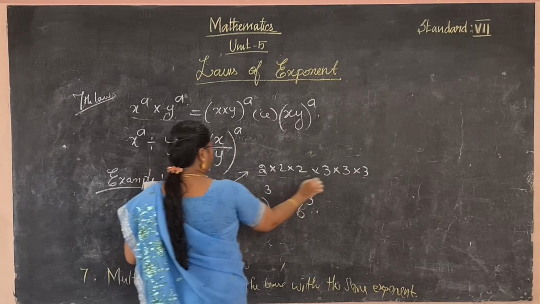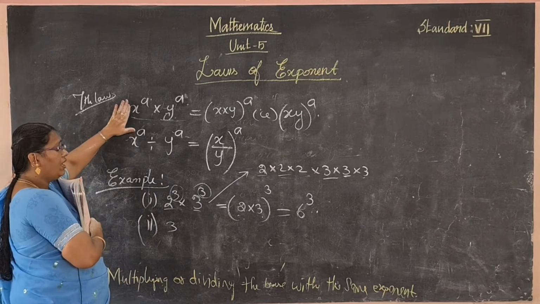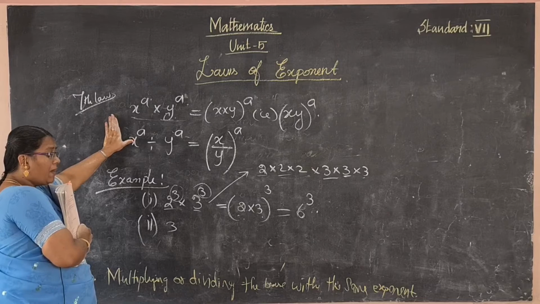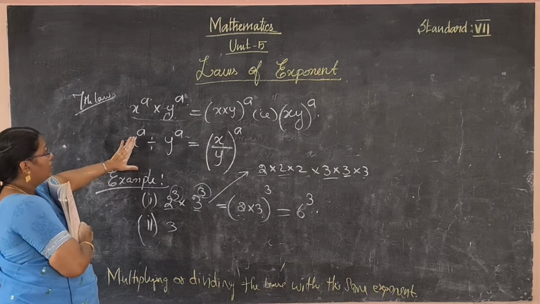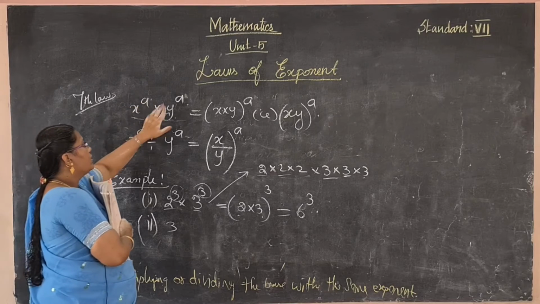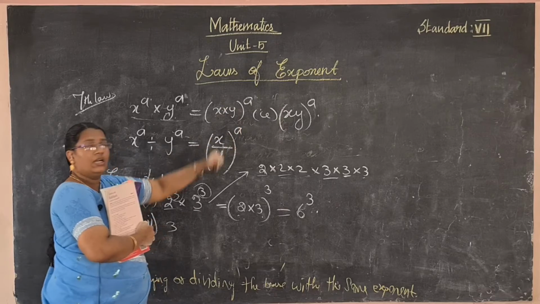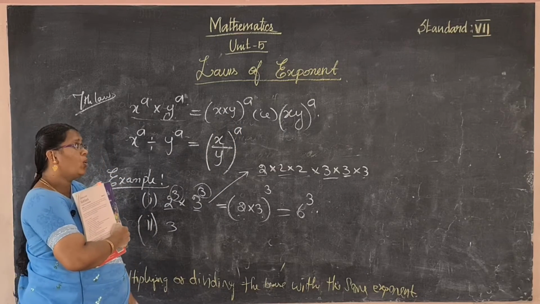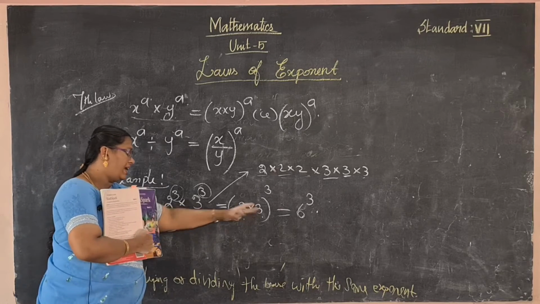After multiplying the pairs like that, we need not write that; we can directly apply the formula. Which formula? Multiplying or dividing the base with the same exponent. So what is the formula? x power a into y power a is equal to x into y, the whole power a, that is the product of xy, the whole power a. Okay, we directly write it.